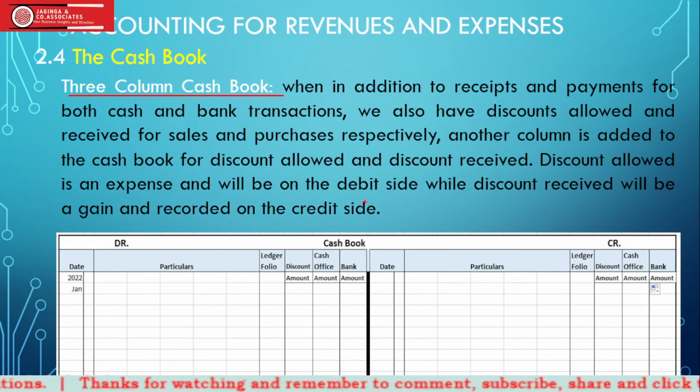And discount allowed will be an expense, so it will be debited on our cash book, and discount received will be an income, and so it will be credited on the credit side of the cash book. So that's all about the definition of a cash book and the different types of cash book.